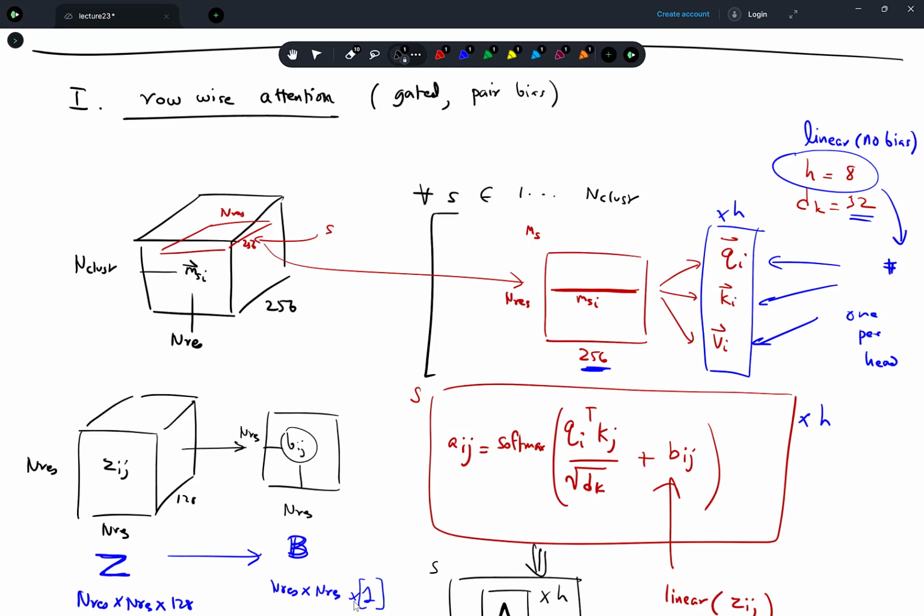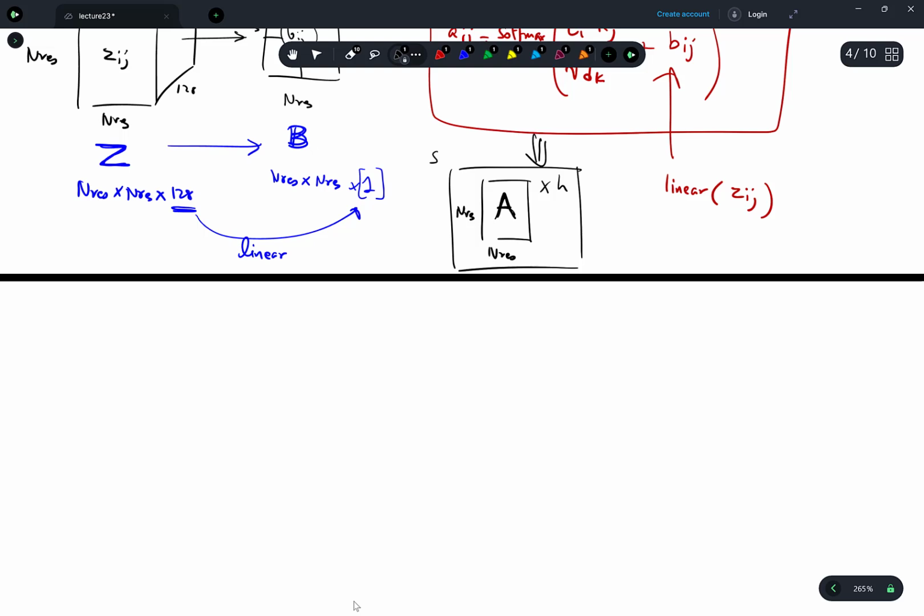Now that I have all the attentions, I'm going to create my new representation. Before I do that, I just add a gate. So here's my output.